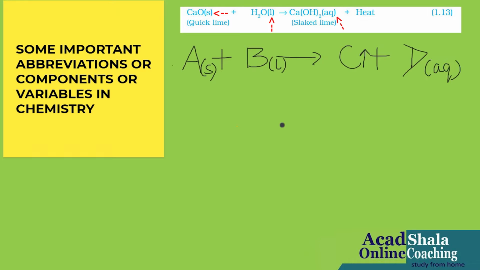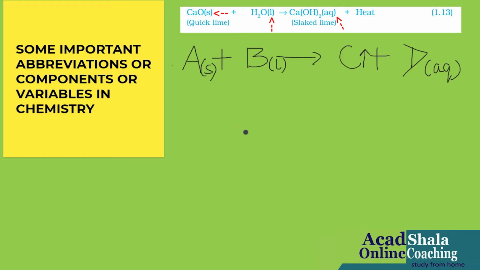You need to understand all these things. What are these components or variables given in brackets? You should understand and then you can proceed further in the chemical reactions or equations.